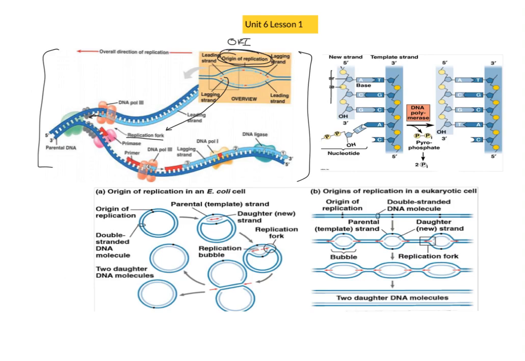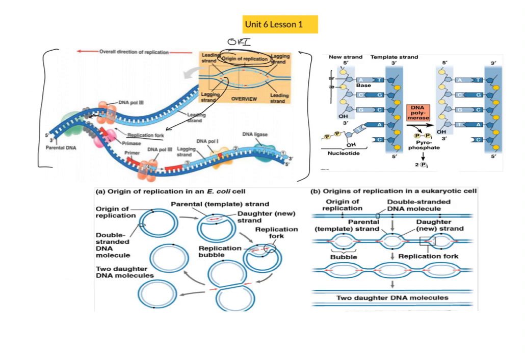Those are only found in eukaryotes. Prokaryotes have one large circular chromosome, and eukaryotes have linear chromosomes. In the case of humans, 23 linear pairs of chromosomes. And not only that, there's usually far more DNA in a eukaryote than in a prokaryote.